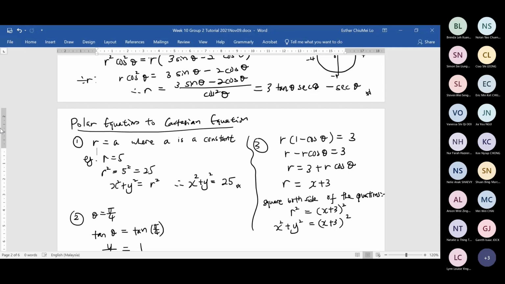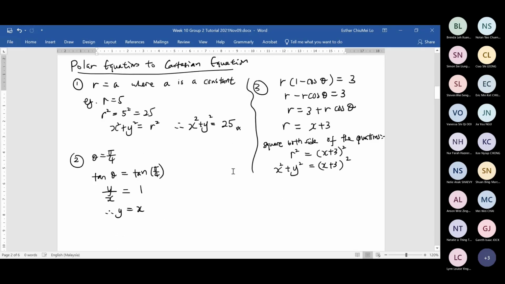Everything is in x and y already. So we expand this: x squared plus 6x plus 9. Here you see x squared on both sides, you cancel, so y squared equals 6x plus 9. And then y will be equal to the square root of 6x plus 9.